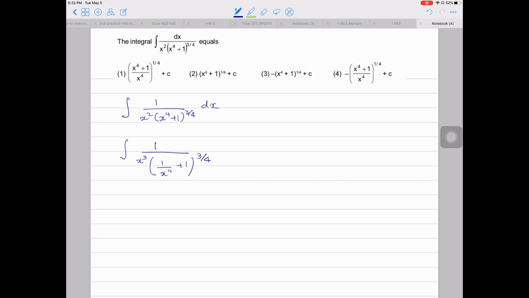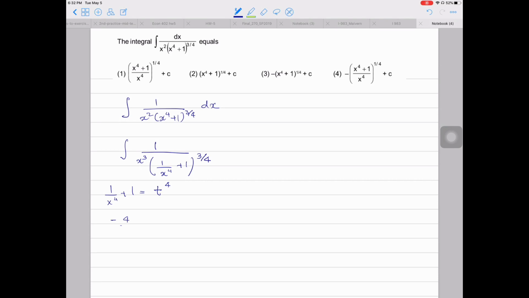so what we did here was factor out an x to the power 4 and bring it outside. Now we can substitute this term as t to the power 4. You can also substitute as t, but substituting as t to the power 4 makes the calculation easier.